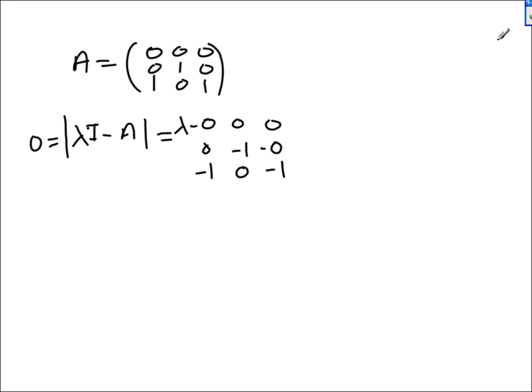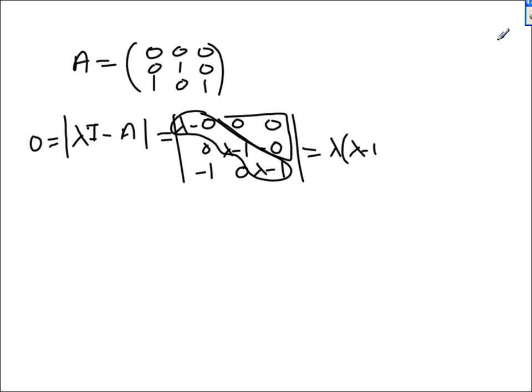That way, you can sneak in the lambdas. Now, this matrix is lower triangular, because everything above the diagonal is 0. So this determinant will be the product of these three entries. Lambda minus 0 is lambda, times lambda minus 1, 2 times.